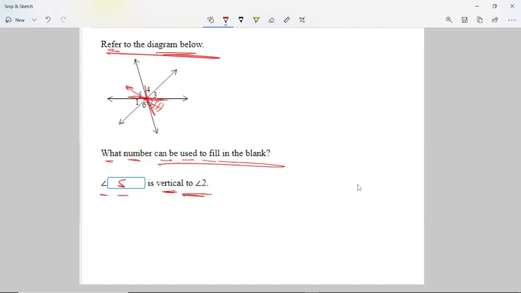What is the opposite angle of 1? The opposite angle is 3. And what is the opposite angle for 6? It will be 4, and vice versa. So angle 5 is vertical to angle 2. So any angles opposite to each other are vertical. So the answer here is 5.